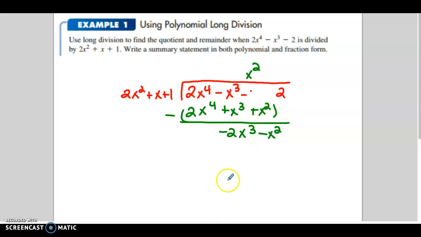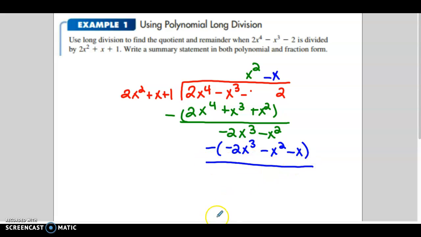Then we're going to take negative 2x cubed and divide it by 2x squared, and we get negative x, and then we multiply negative x by 2x squared plus x plus 1, and we get negative 2x cubed minus x squared minus x, and we're subtracting that, so we do the opposite, and we end up with a 0 for both the x cubed and the x squared.